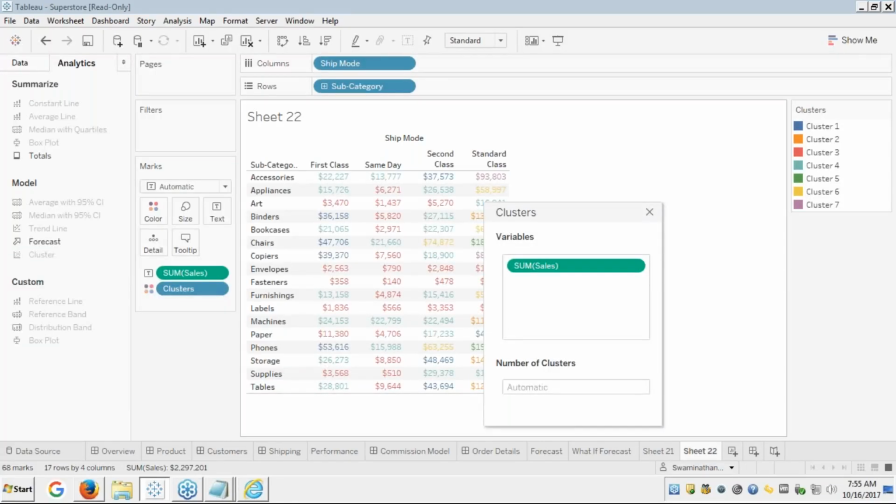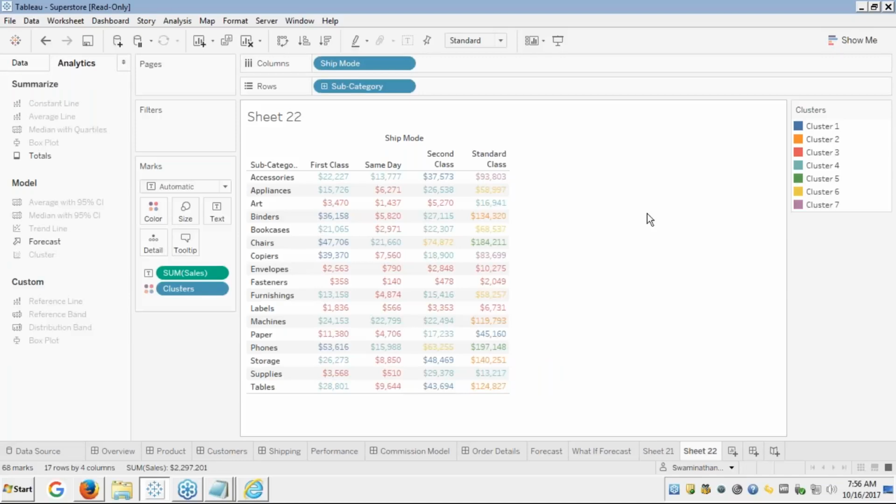As soon as I do that, 7 different clusters have been created for me based on my sum of sales. So I can choose the variables I need to put here to be analyzed. I can choose the number of clusters also, where I can manually enter 2 or 3, something like that, or I can choose automatic, which by default it takes the clusters.